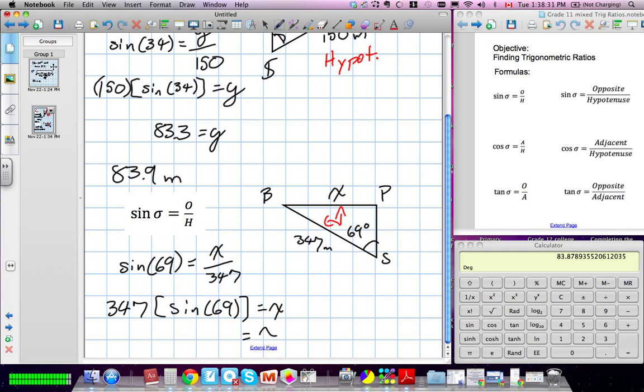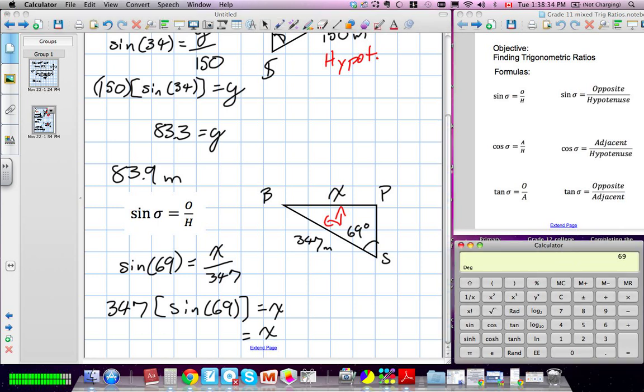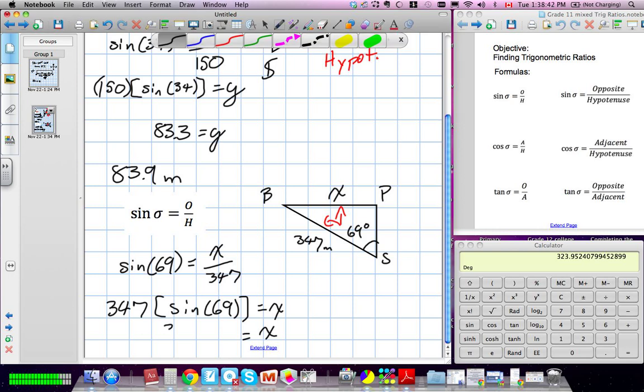And sine 69 times 347 is 323.9, or 324. Or if we round it, it's 324. So, I have my sides x and y. We have those measurements of 83.8 and 324. We're going to go back to our original page and add them together.